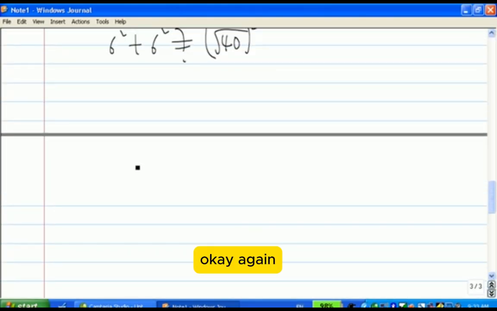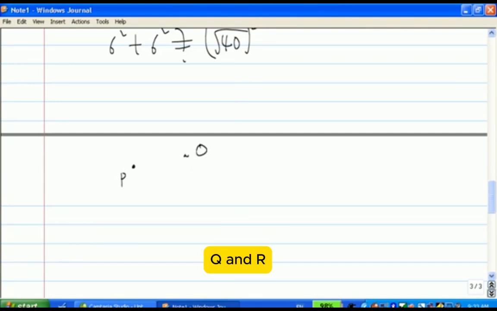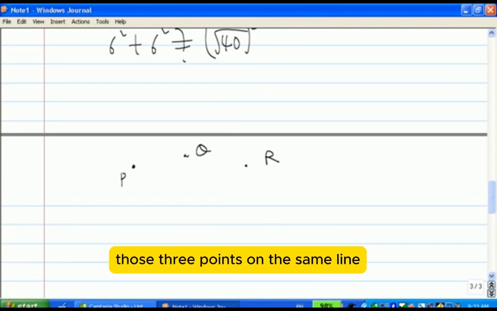Okay. Again, if you're given a problem with points P, Q, and R, and you are asked to check whether those 3 points are on the same line or not, how do you do that? Same thing.